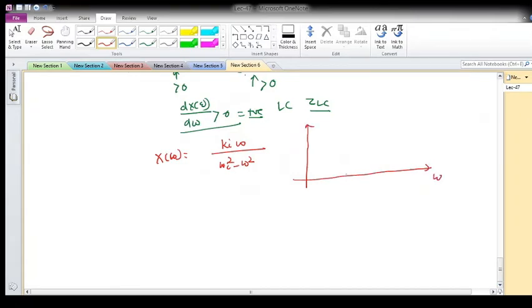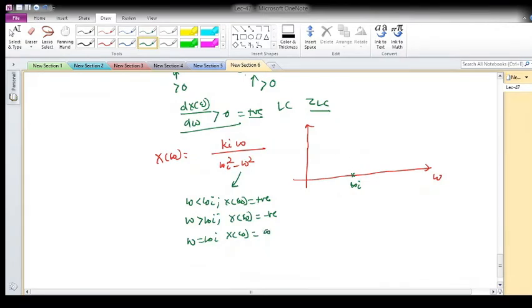Suppose this is my omega I, this pole omega I here. When omega is less than omega I, x of omega will be positive. When omega is greater than omega I, x of omega will become negative. And when omega equals omega I, x of omega will be infinite at that particular frequency.